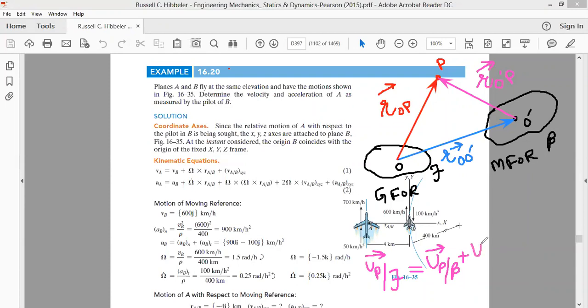That is velocity of O dash with respect to O. We can write velocity of beta with respect to G.